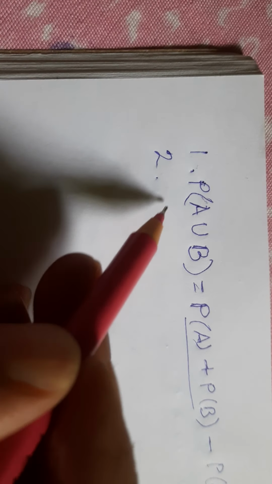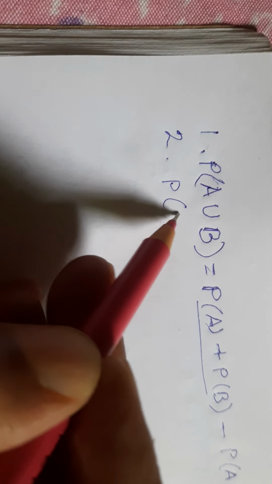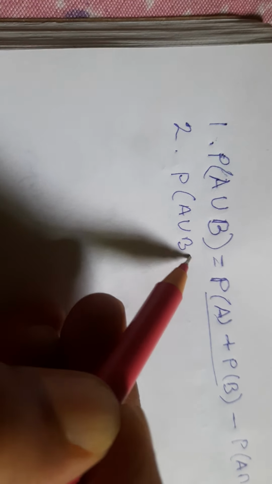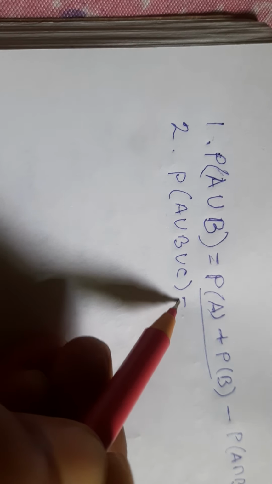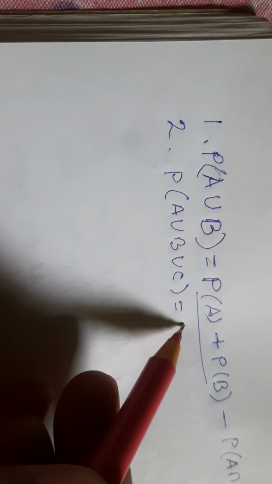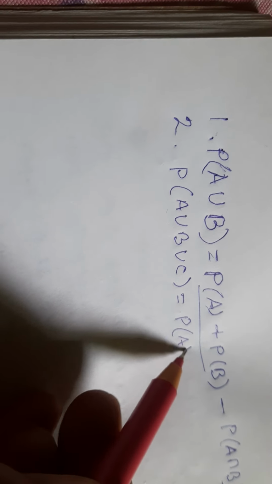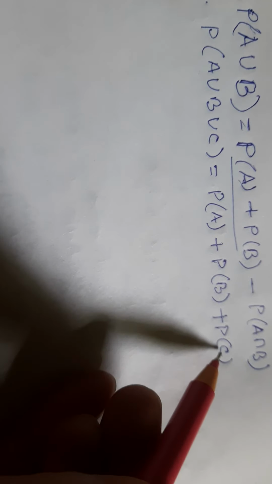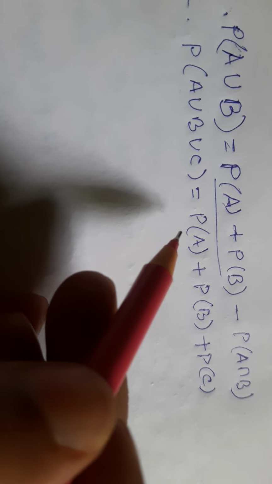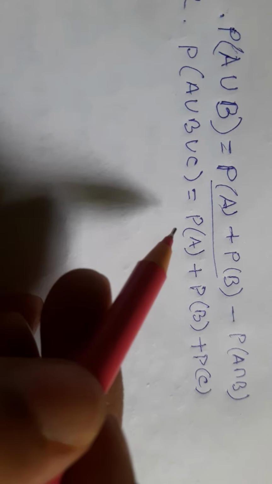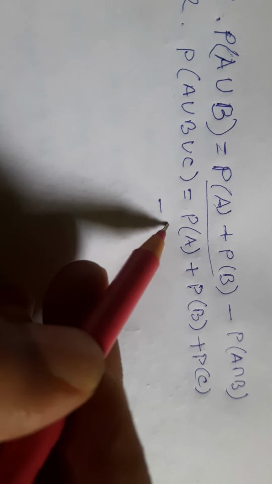Now, if there are three events, how can we remember? That is, if there is P of A union B union C, then how can we remember? Like the previous one, we add the probabilities of single events, P(A) plus P(B) plus P(C), and then we subtract, taking two of them, the intersection of any two of them.